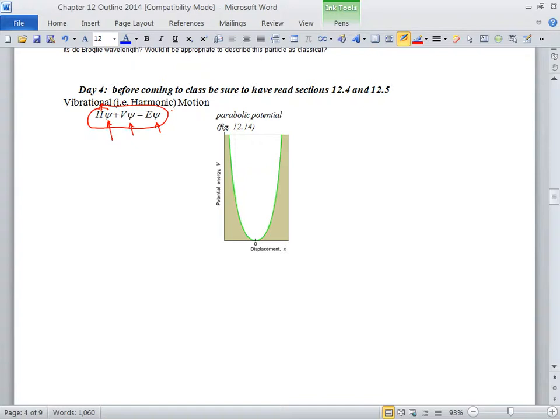The operator has to operate on a function. You get the function back again, the exact same function, and some kind of number.